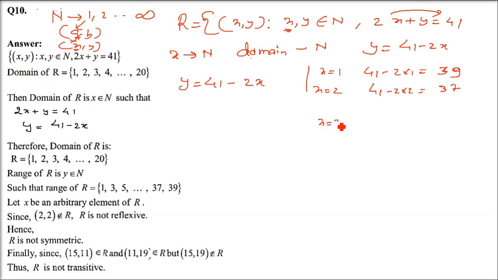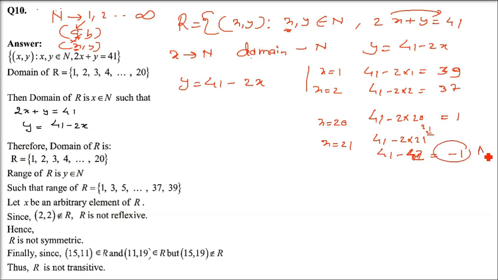And I go up to x equals 20. I'll tell you why I have come up to 20. 41 minus 2 into 20, 41 minus 40, that is going to be 1. Now coming to 21, 41 minus 2 into 21, 41 minus 42, so that is minus 1.